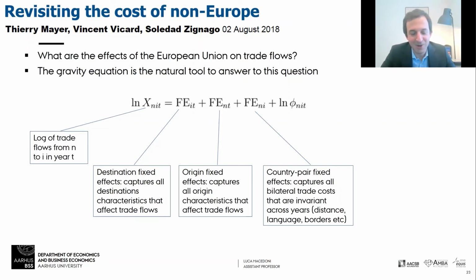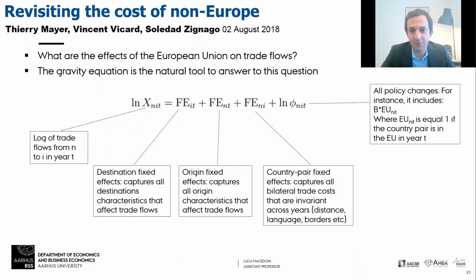So basically here, we're really controlling for everything we can think of. And what we're left with is the bilateral changes over time. And so, for instance, what we have here is some variable, perhaps with coefficient b, that multiplies whether the pair NI is in the European Union in year T or not.